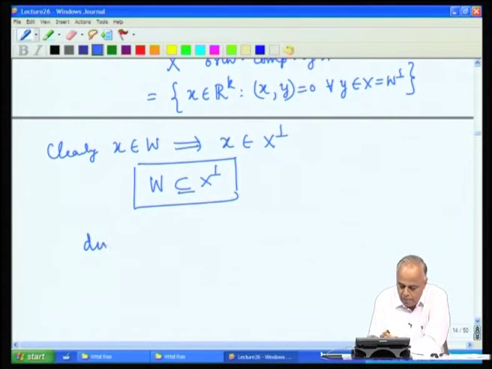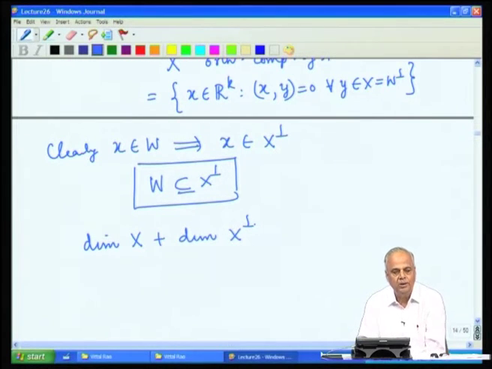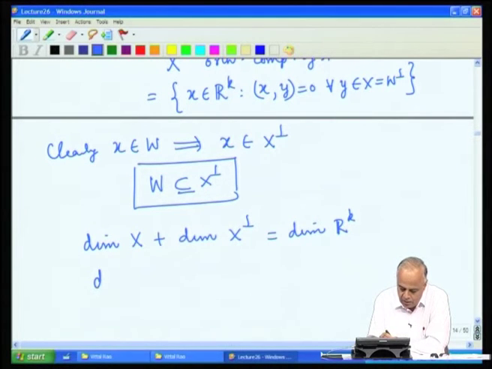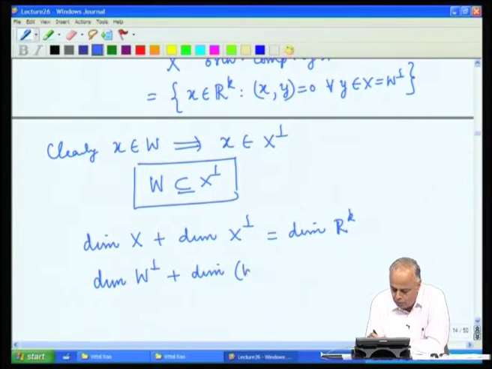So, that is one thing we observe. Also, whenever you take a subspace and its orthogonal complement, the dimensions add up to the dimension of R^k. So, this says the dimension of W perp, because X is W perp, plus the dimension of W perp perp is equal to the dimension of R^k.